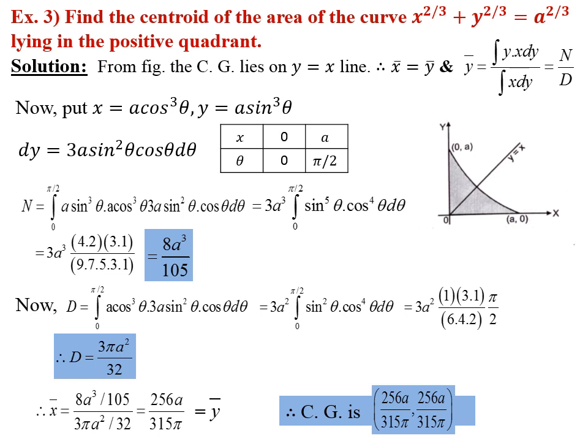And that's why, as those examples are too much lengthy as compared to the weightage, they have never been asked in the university examination. So it is just enough to study the examples on the CG of the area or a plane lamina. So this is all about the centroid of the plane lamina or center of gravity.